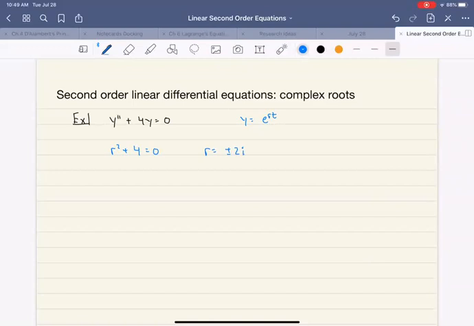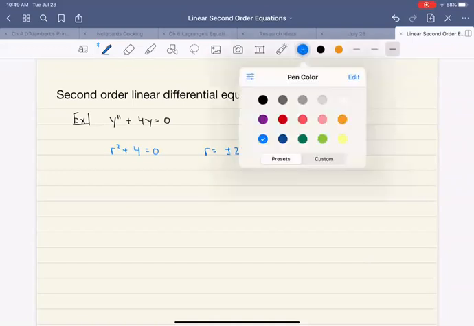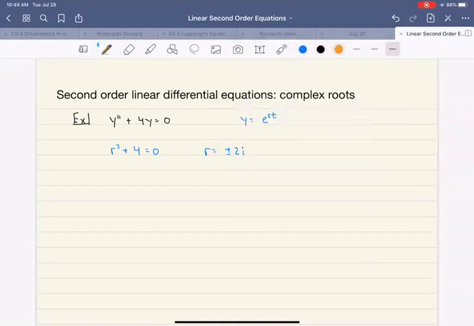Okay, so now we could do this, e to the 2i. I mean, we could go down this path. Let me write it down. There's nothing inherently wrong with that as a solution, but we just don't use it.